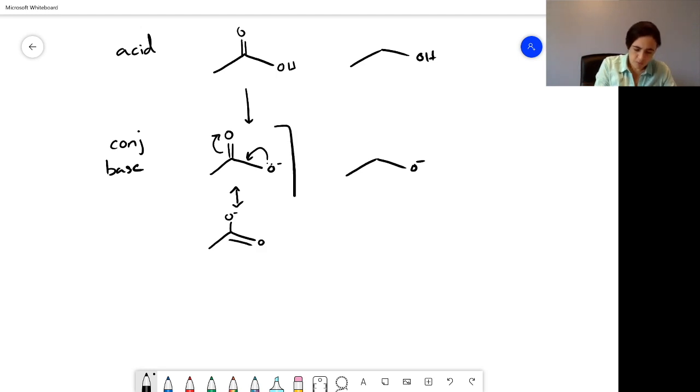So this one delocalizes the charge across two oxygens, whereas this alcohol or alkoxide is stuck with the negative charge on one oxygen. And therefore, because this one can share the electron density of that negative charge with another atom, it's going to be more delocalized and more stable.